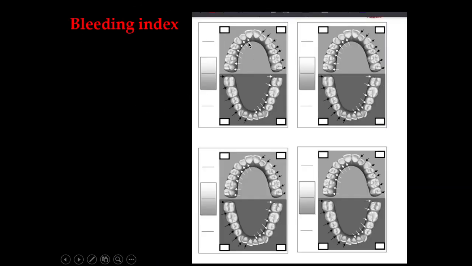So when we insert the probe or just provoke the bleeding at this area and we find no bleeding, we will write 0 here, and for this papilla, as we see, for example, 1, 1, 1, 1, 1, 1. There are points of bleeding here. So here is a 6, so the sum here is 6. For example, the sum here also is 6, and here is 6, and here is 6.